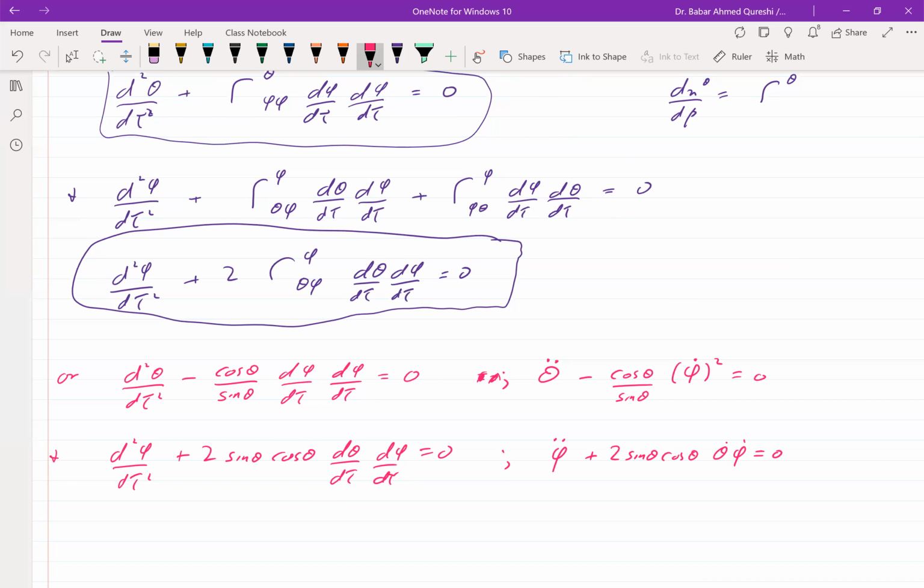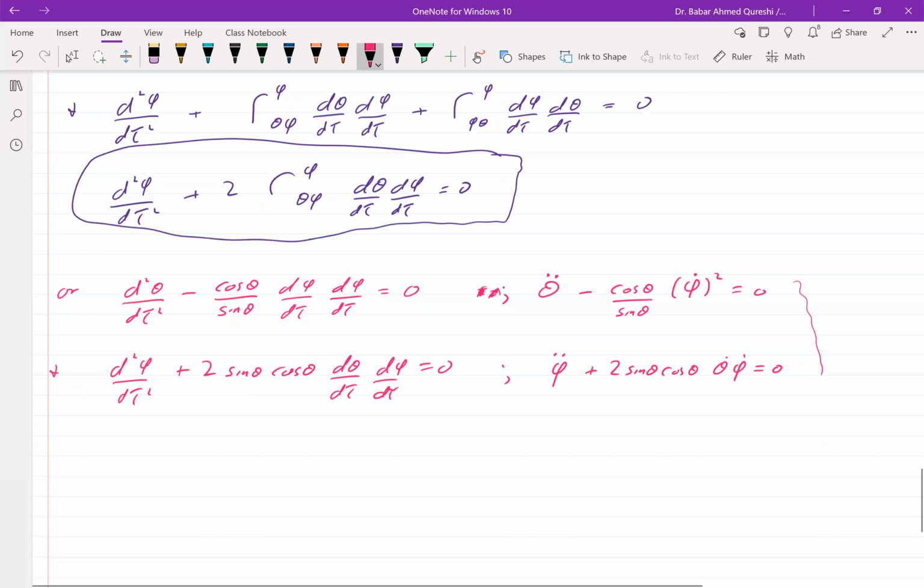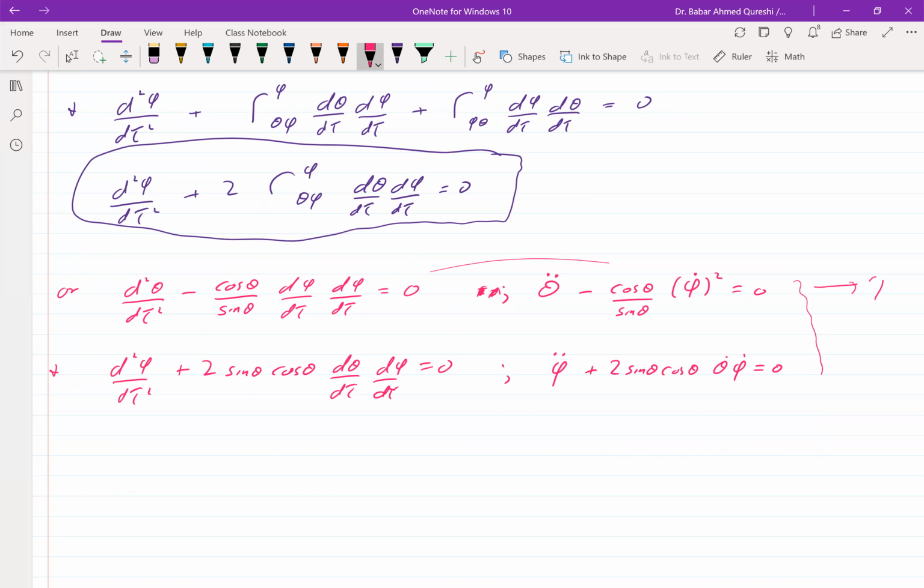So these two are the equations of straight lines on a sphere in spherical polar coordinates, the coordinates which we are familiar with, which we also put on the globe. So let's call them combinedly, these two are 1 and this is 2.